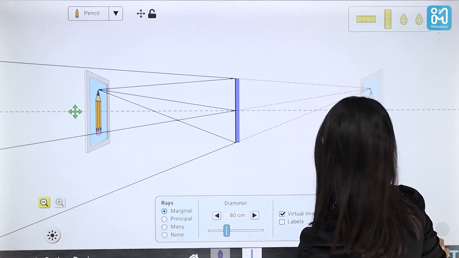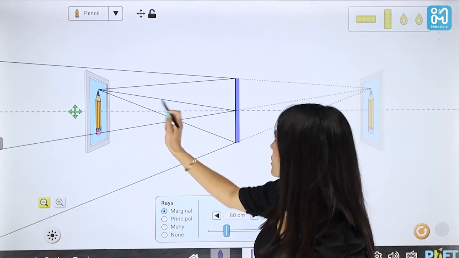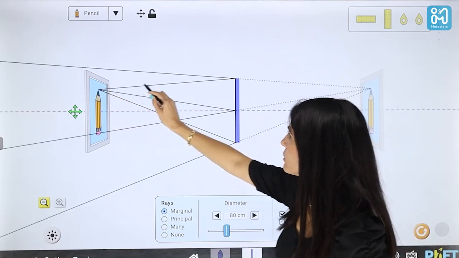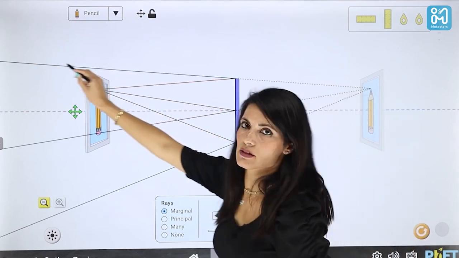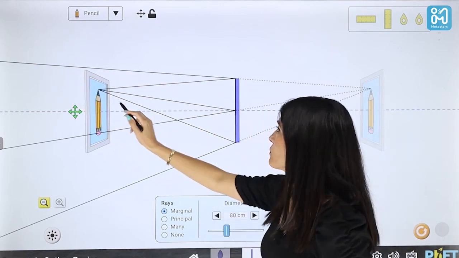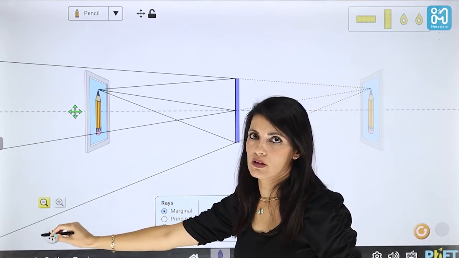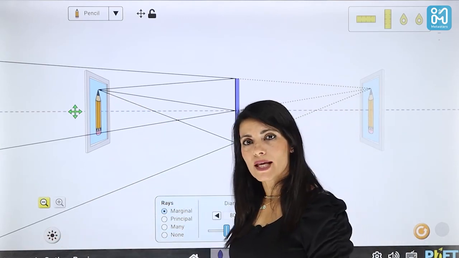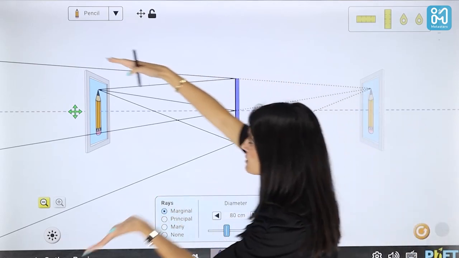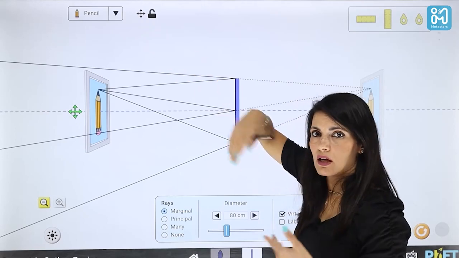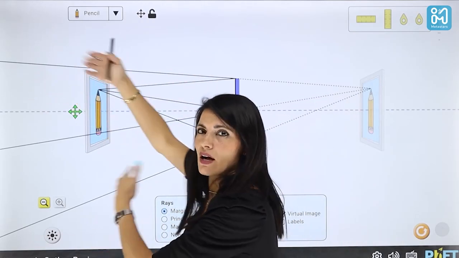We can take only 2. They took 3. We take 1 arrow, as you can see in here, 1 light ray, and reflect it. Then we take another, for example, this one, and reflect it. Then we intersect the reflected rays. As you can see, the reflected rays are going in different directions, and they will never meet in real life, in the real side.